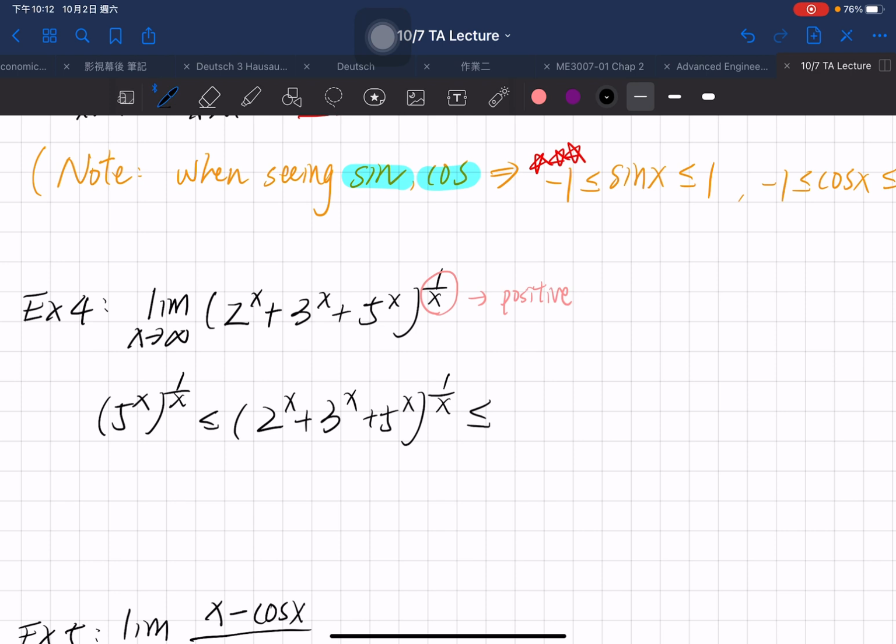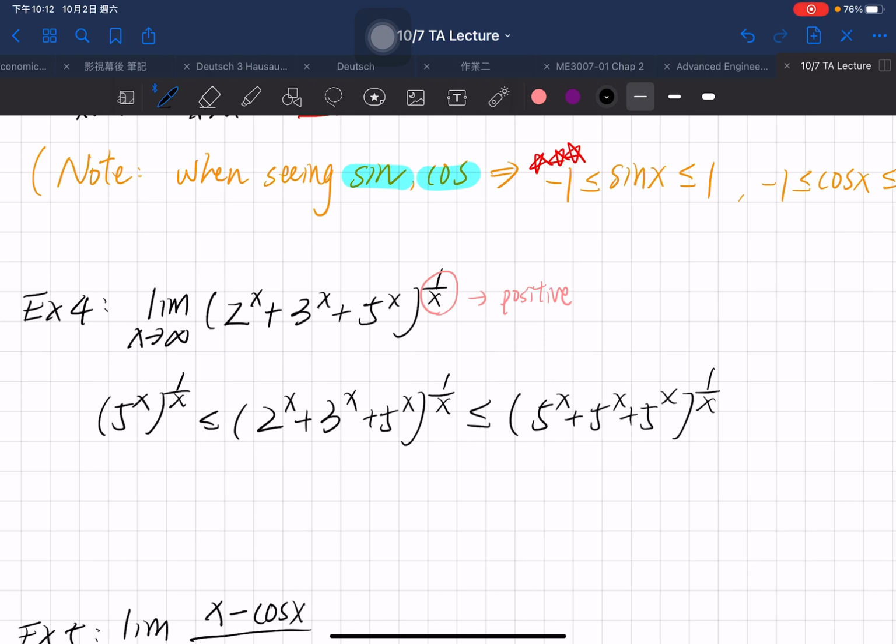And what is the upper bound? Because we know that the biggest term is 5, what we do is change our 2 and 3 all into 5. So our idea is to change all of them into 5 with the x power.